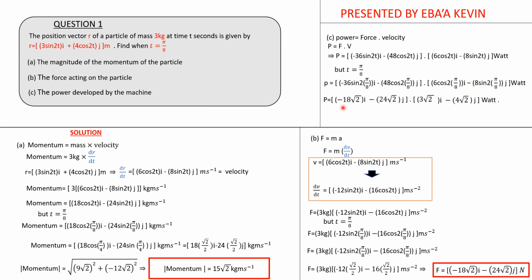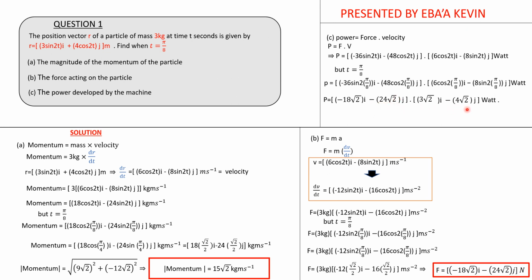So the dot product simply means that we are going to multiply the corresponding entries together. You are going to multiply the i components together, that is, negative 18 square root of 2 times 3 square root of 2. And similarly we are going to multiply the j components together, that is, negative 24 square root of 2 times 4 square root of 2.